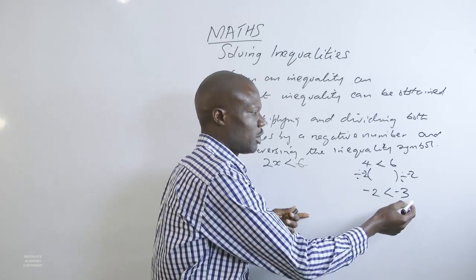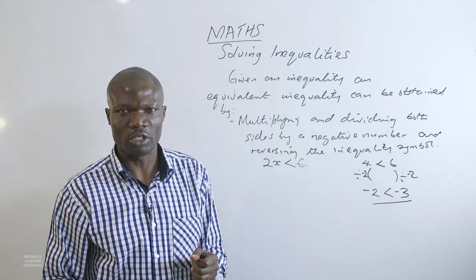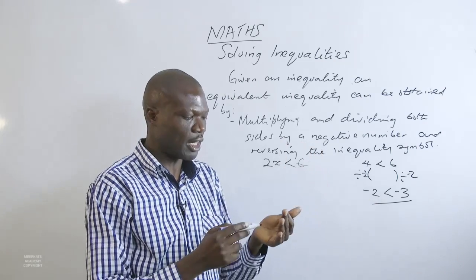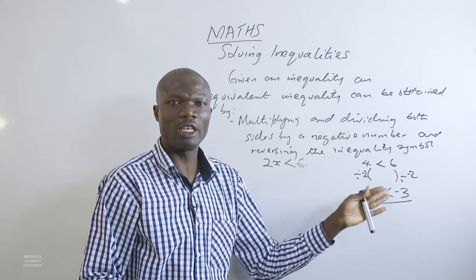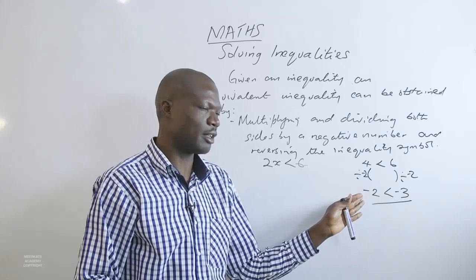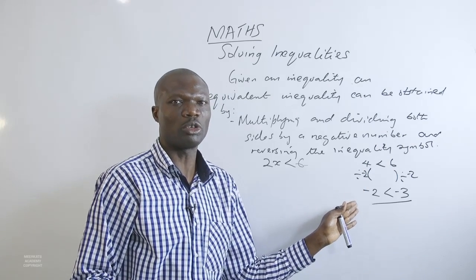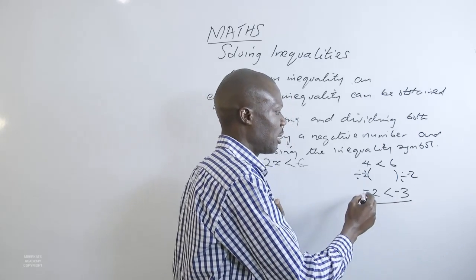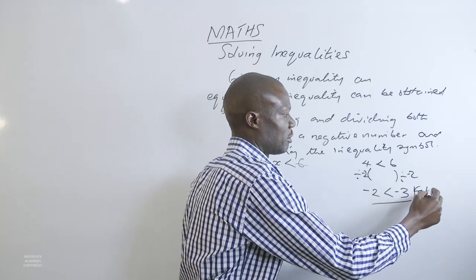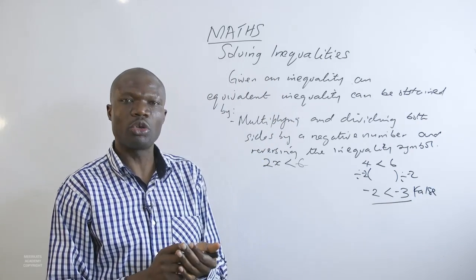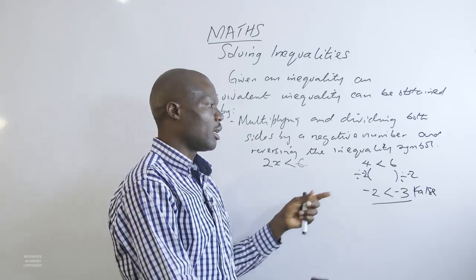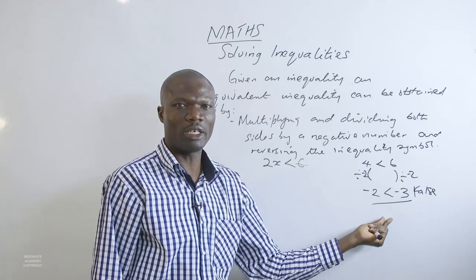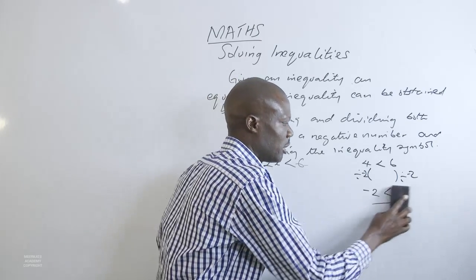If you look closely at this statement, it is false because negative 3 is on the far left side of negative 2. Therefore, negative 2 is supposed to be greater than negative 3. So the statement here is false. So how do we make it correct? It is when we divide with a negative number, we shall be required to reverse the inequality symbol.